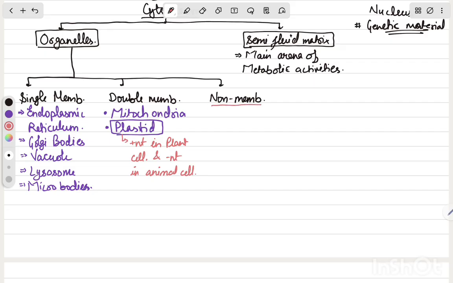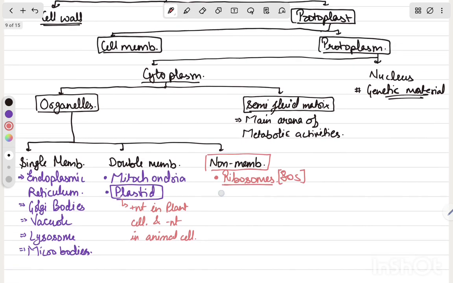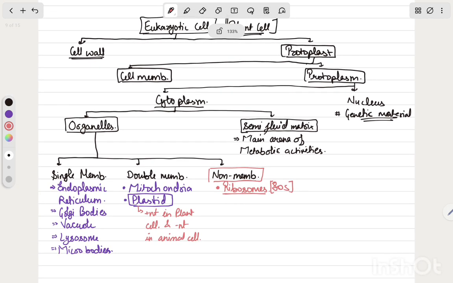Next major point is about non-membranous organelle. In non-membranous organelle, we have first example as ribosome, which is present in both prokaryotes and eukaryotes. But in prokaryote, type of ribosome is 70S, while in eukaryote, type of ribosome is 80S. We are talking about eukaryotic cell, so type of ribosome will be 80S.